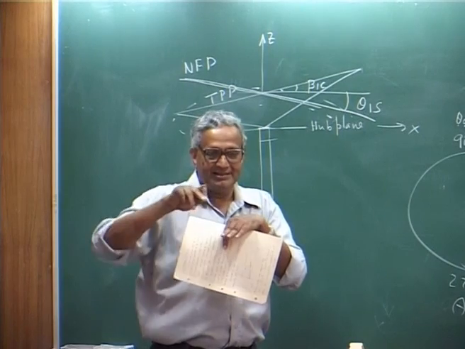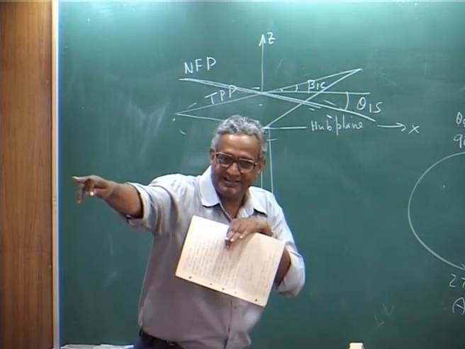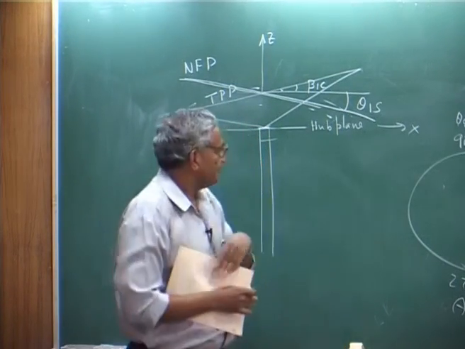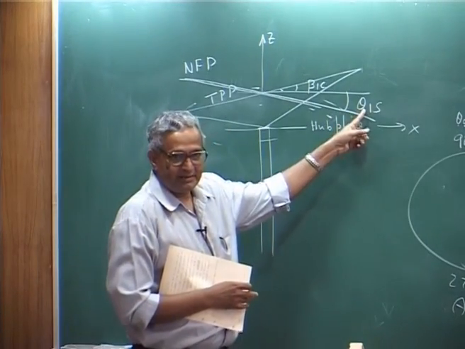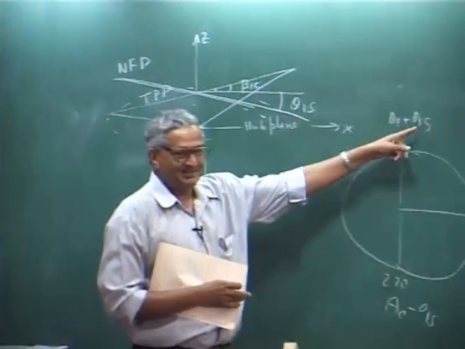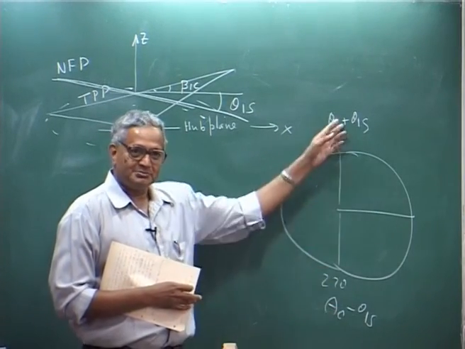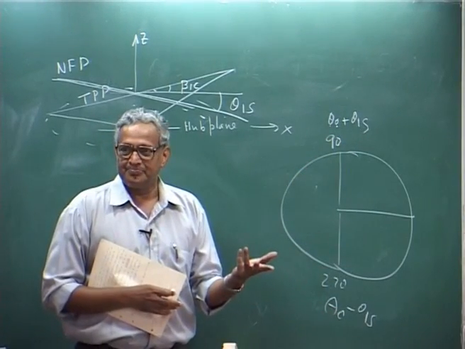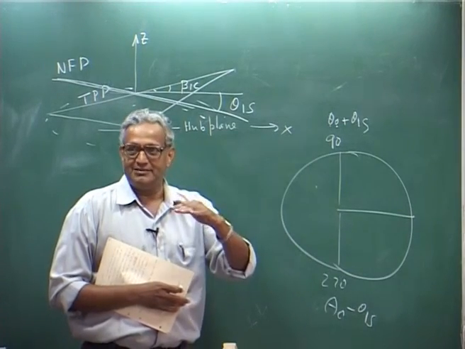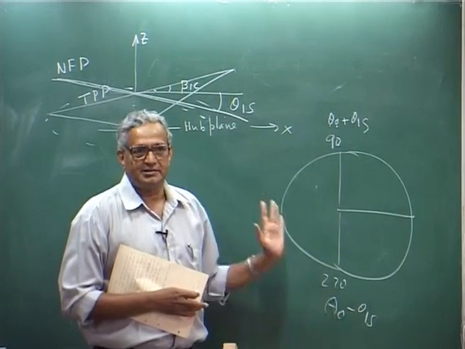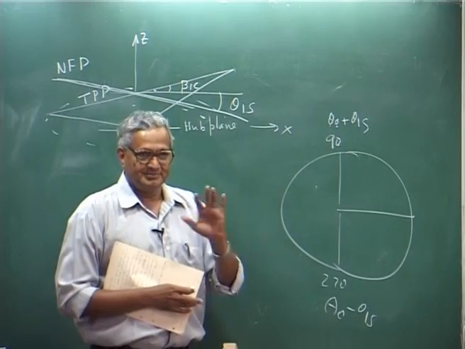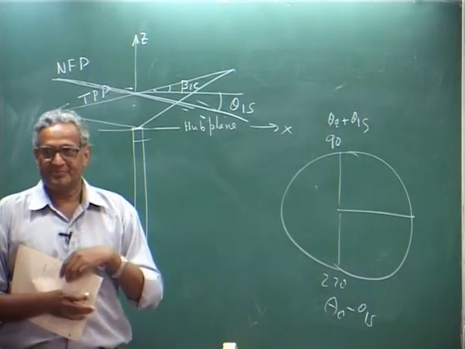As a result, the angle through which you tilt is theta 1s. That means, you have actually subtracted from here, you have added here, that means my pitch angle is theta naught. In the no feathering plane, the pitch angle is only theta naught. Is it clear? Not clear.